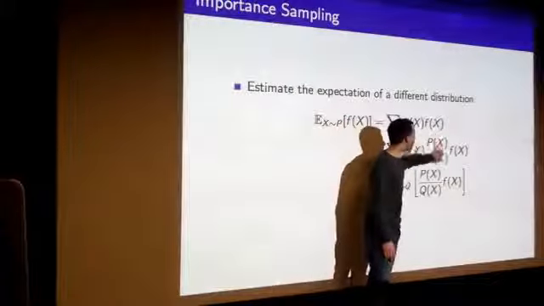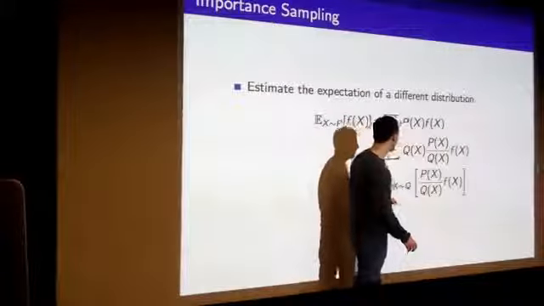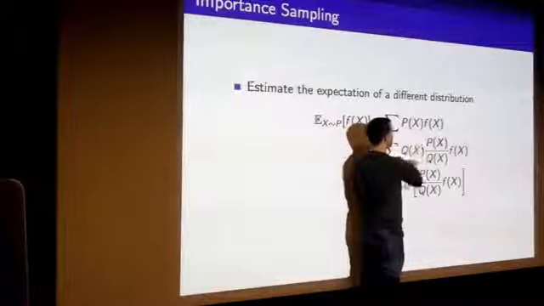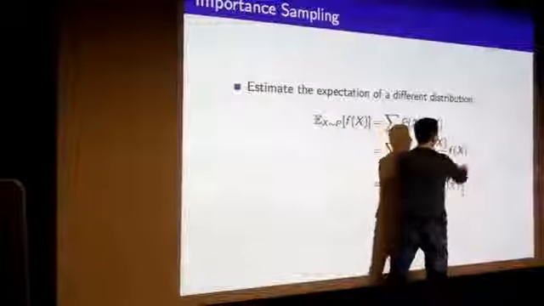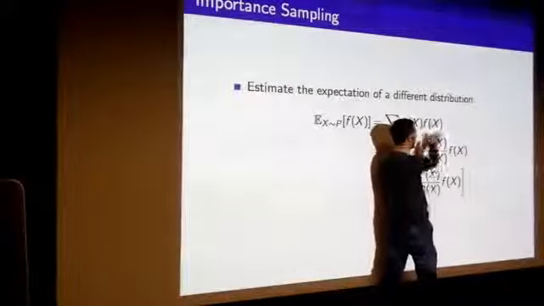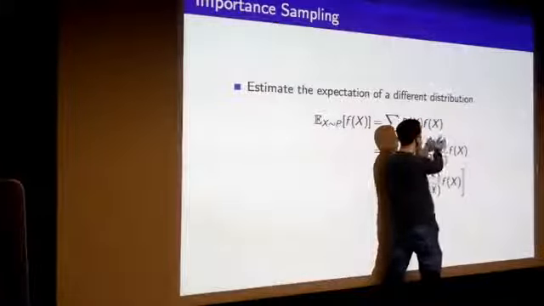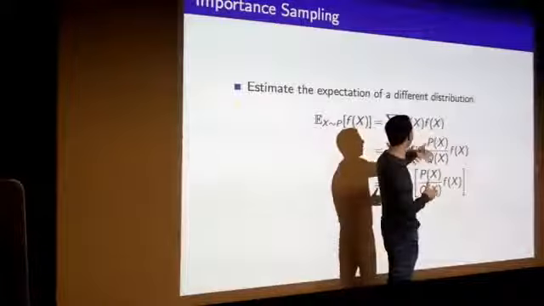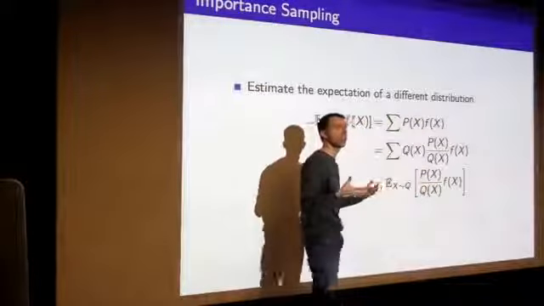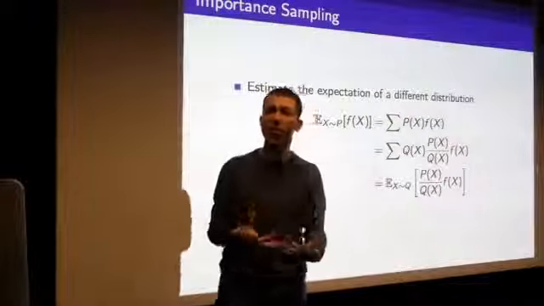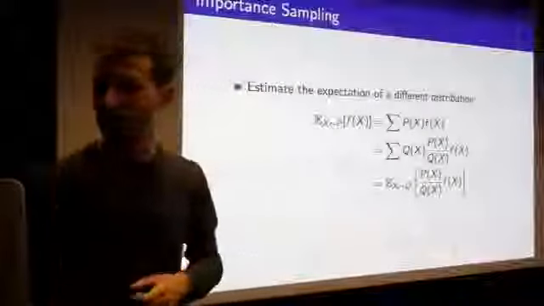And now this ratio here, you can basically say this is an expectation over our other distribution of this quantity here, where all we had to do was divide out our old probability. It's basically you multiply and divide by the ratio between your old and your new distributions, and that corrects for the change between your distributions.